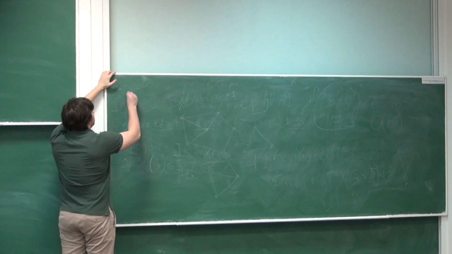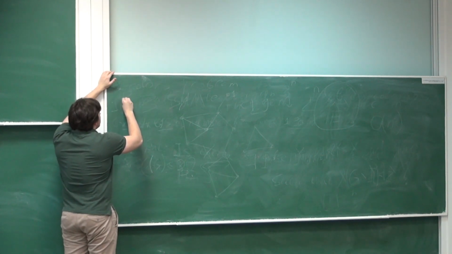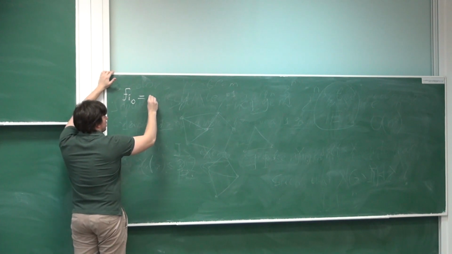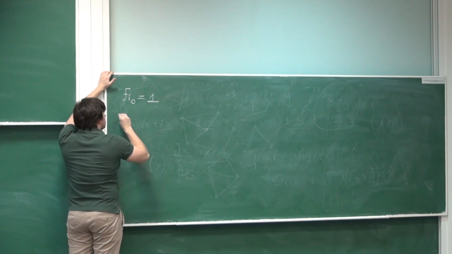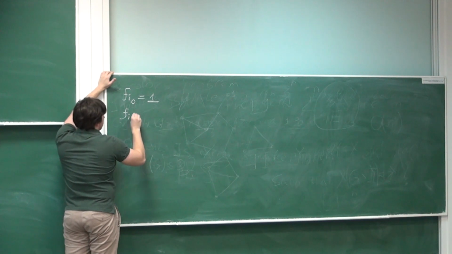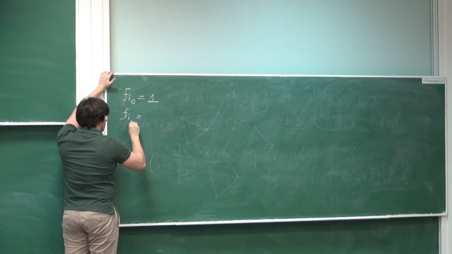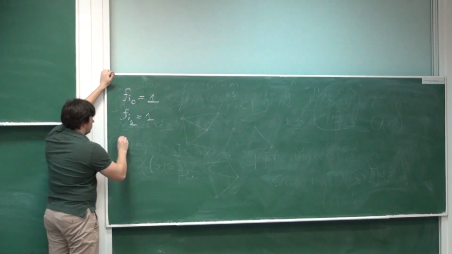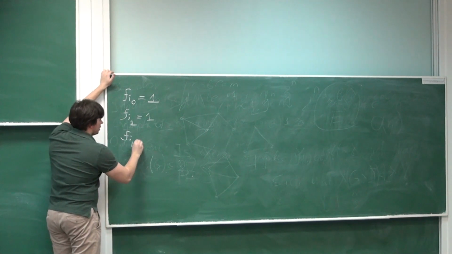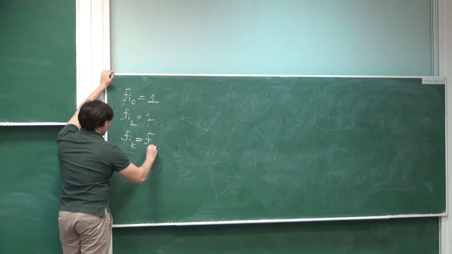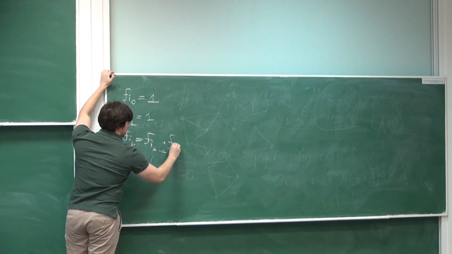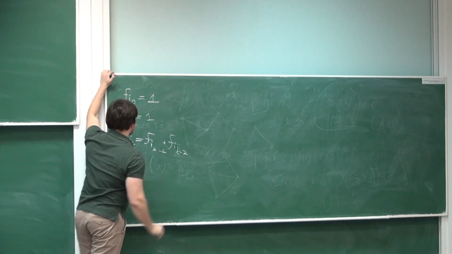So the definition is that phi 0 is 1, phi 1 is 1, and phi k is equal to phi k minus 1 plus phi k minus 2.